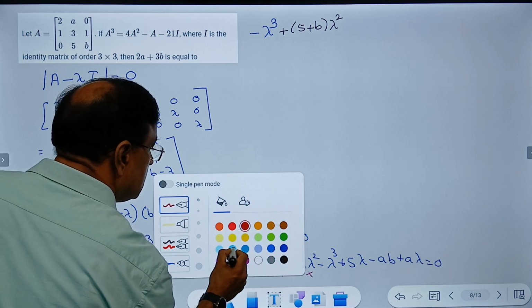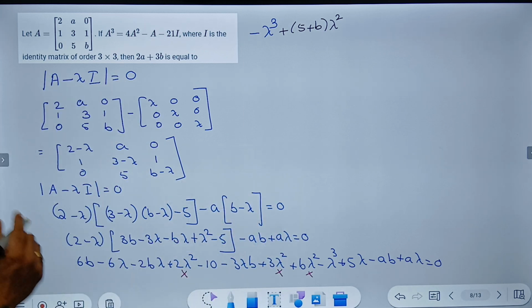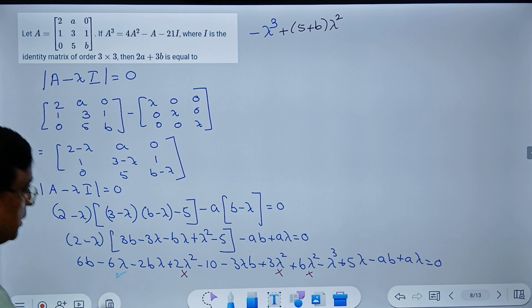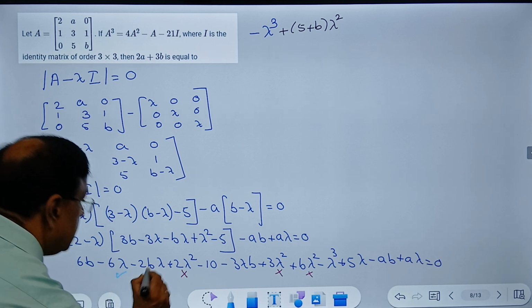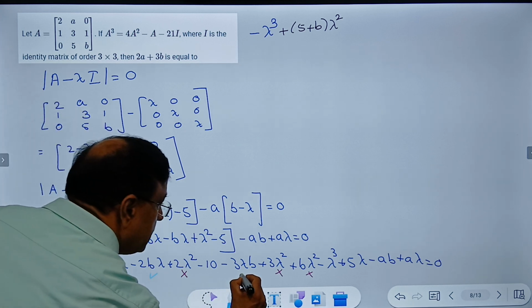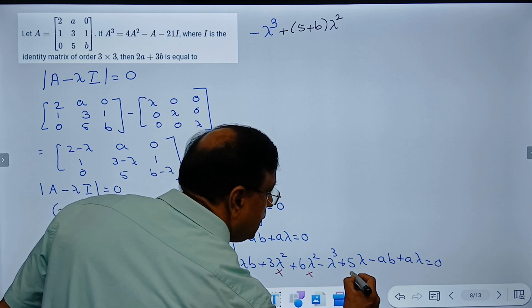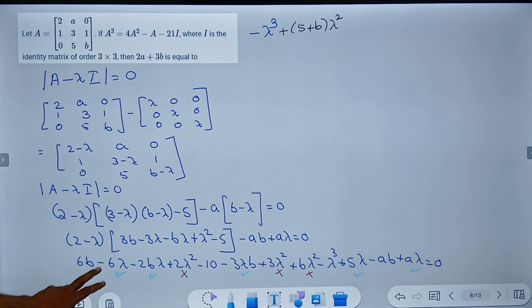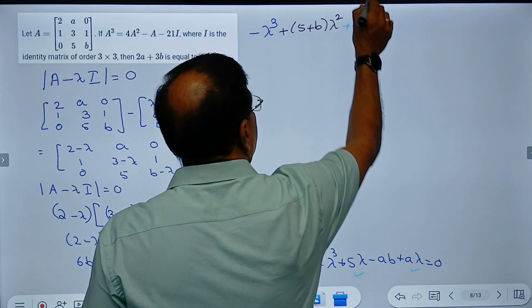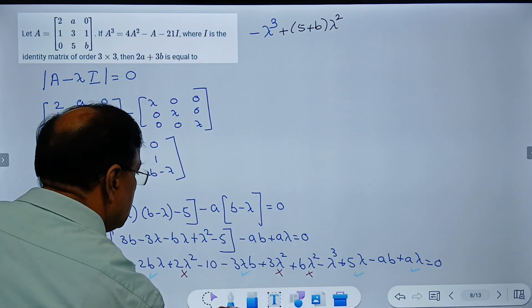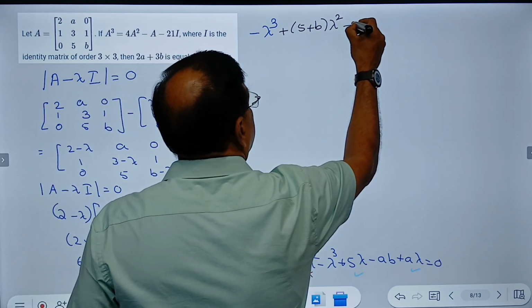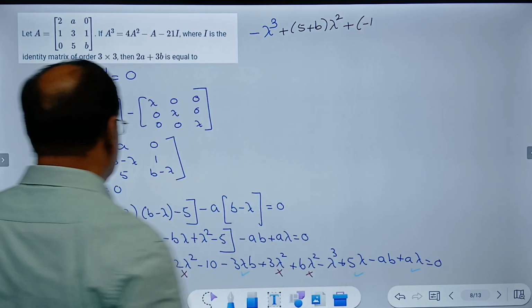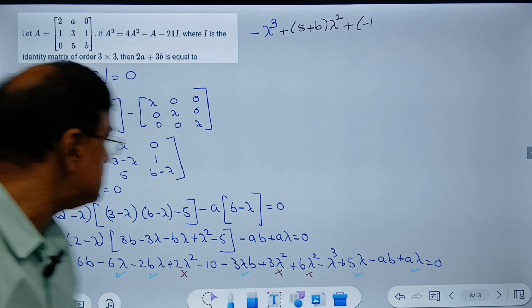Now let's go to the next one. I will look for lambda. I have a lambda here, a lambda here, and a lambda here. Minus 6 plus 5 is minus 1, so I'll put minus 1.